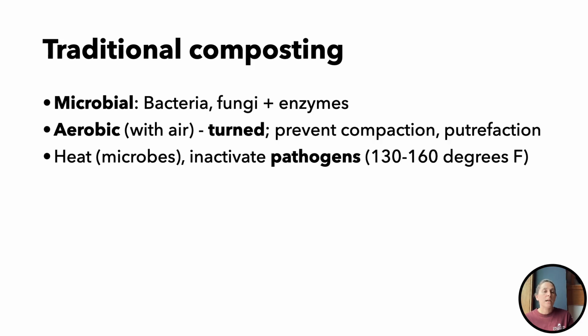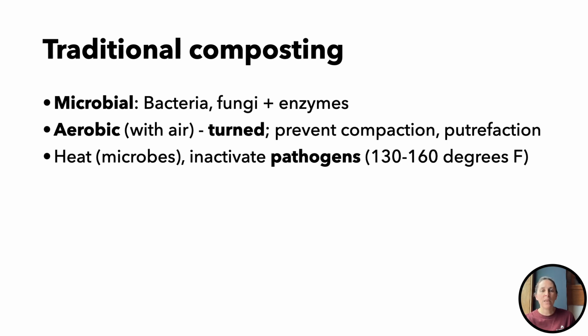Traditional composting also generates heat, and that heat is put off by those microbes. And that heat is really important because it helps inactivate pathogens, including pathogenic microbes. And it also helps inactivate weed seeds.